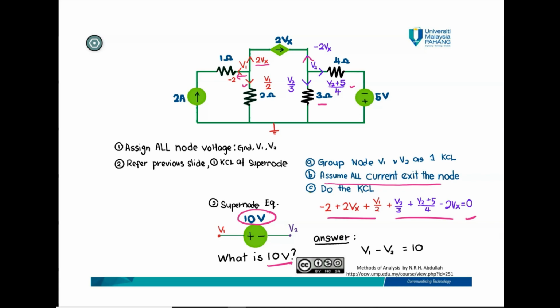It must be in terms of V1 and V2. From here, you can see that in order to determine the voltage of 10 volt, it is the voltage at the positive side minus the voltage at the negative side. So this is the answer for the supernode equation.